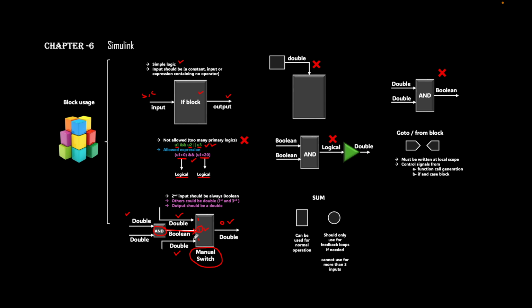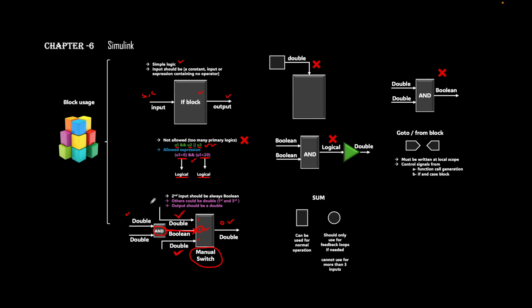In this case, there is an AND logic happening between these two, and if both the inputs are non-zero, then it will give a Boolean 1, and it will activate the upper signal. If any of the signals is 0, then the lower one will become active.